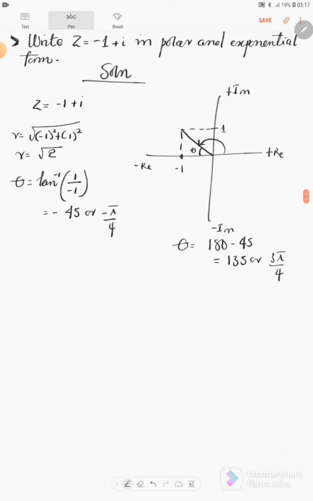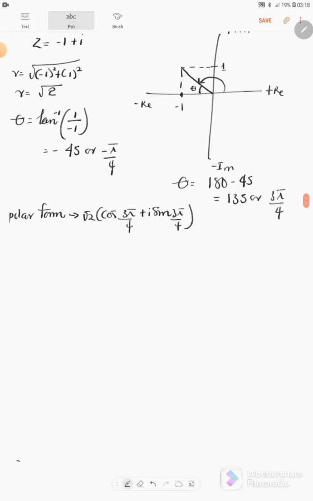Now let's find our polar and exponential form. Our polar form formula says r, and r is root 2, open bracket cos theta, which is 3 pi over 4, plus I sine 3 pi over 4.